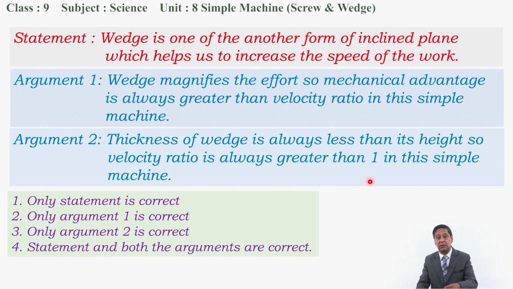Effort distance upon load distance is always greater than 1. That's why this is a correct argument. Only argument 2 is correct. This is the correct answer. But what about 4? Statement and both the arguments are correct. This is incorrect. That's why we are going to tick number 3. This is the correct option.